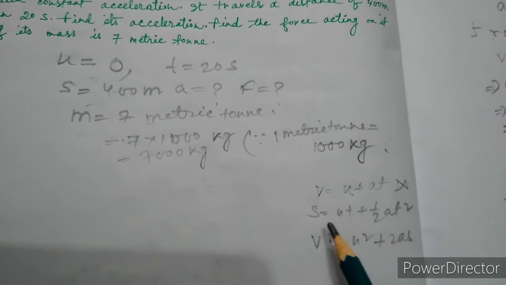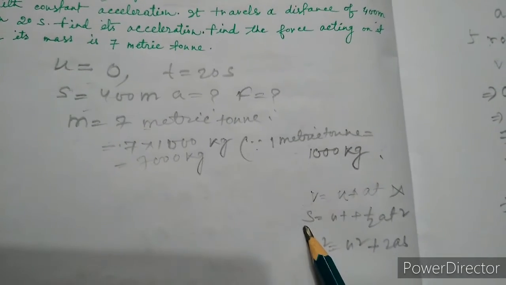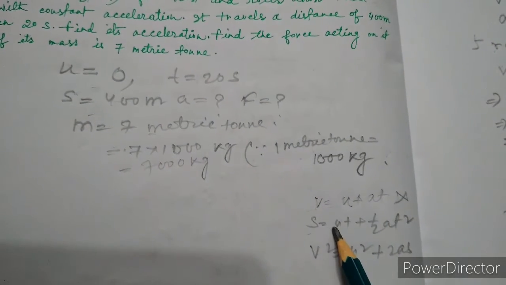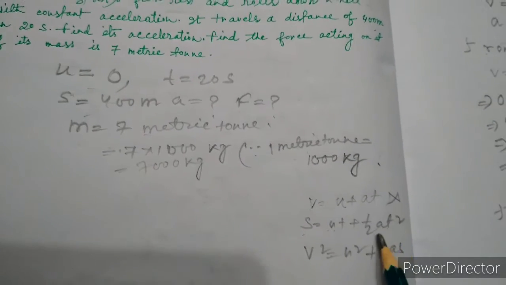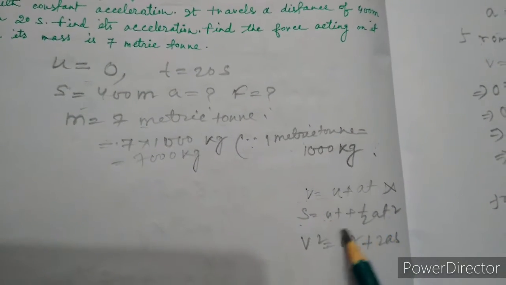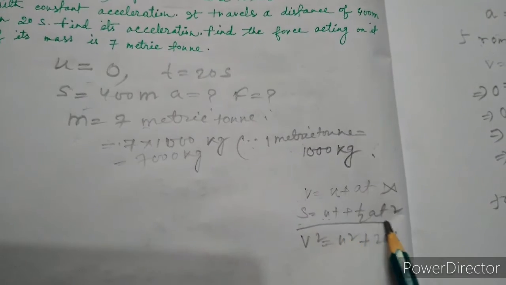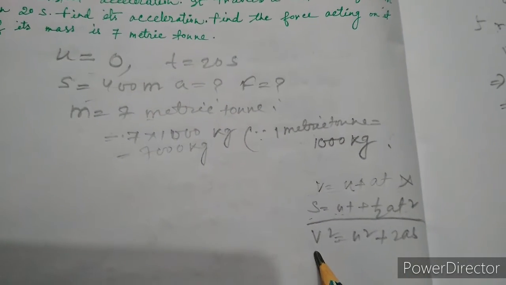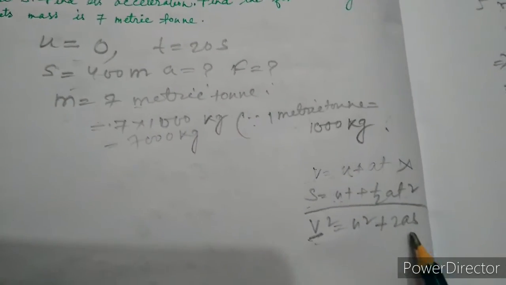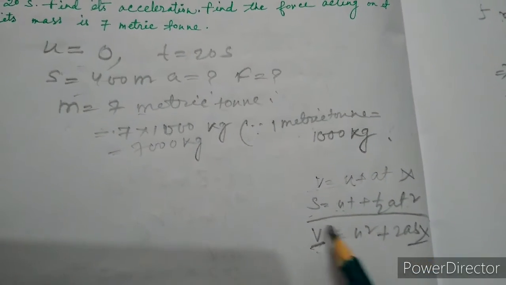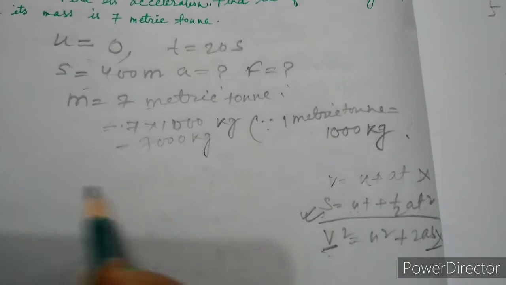This equation you can use because s is given, u you know, and t is also known. So a you can find out easily from this equation. But in the case of the third equation, v is also not given, so the third equation is also cancelled. So equation number 2 you can use.